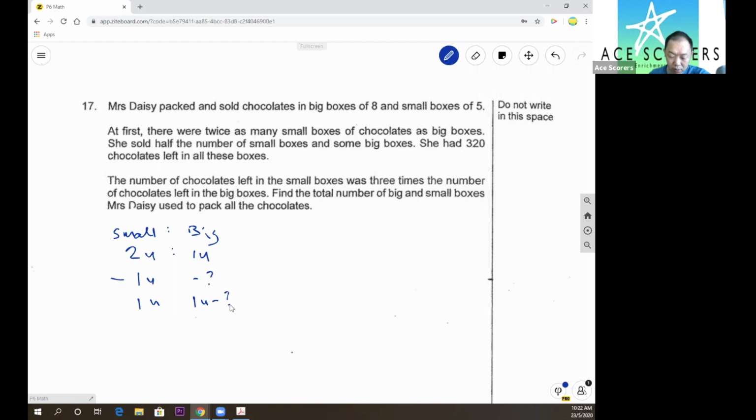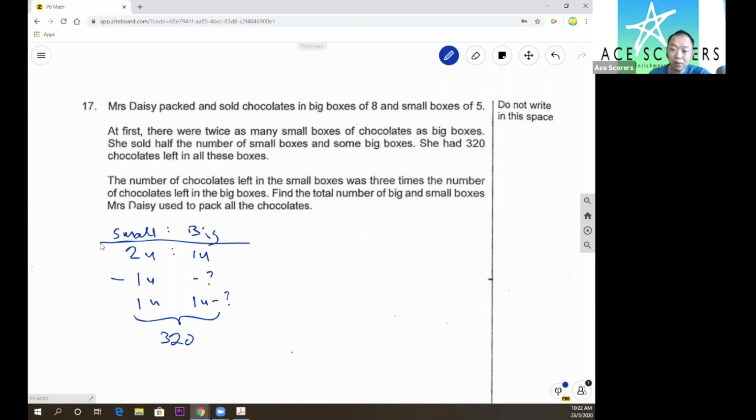So she sold half the number of small boxes and some big boxes. She had 320 left, so this total is 320. Small versus big is like this. That's the story so far. The number of chocolates left in the small was 3 times the number of chocolates left in the big.